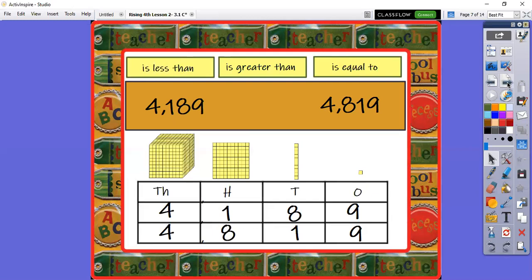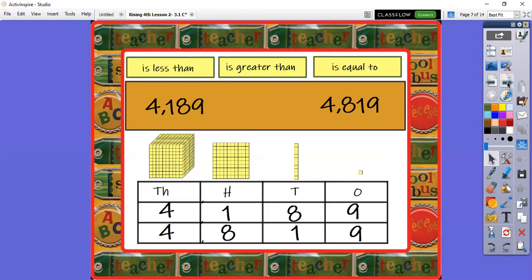All right, so what have you noticed? You've probably noticed they both have a 4 in the thousands place. And you've probably noticed that you now have to go to the hundreds place because it's the place with the next highest value. So which number is greater? That's right. The second number is actually greater than the first number.